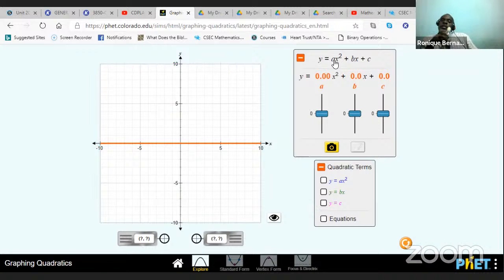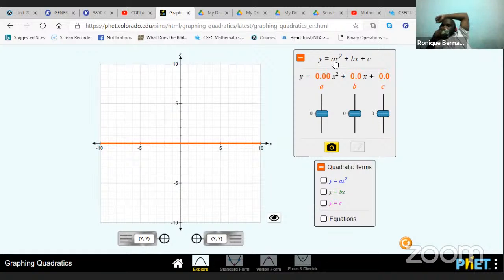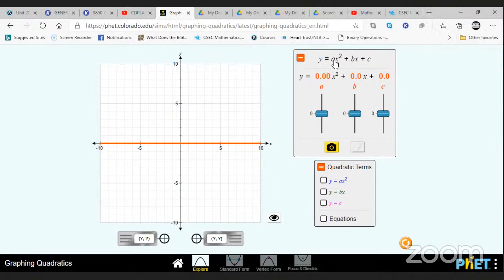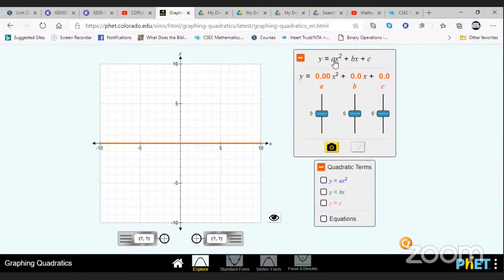I told you, the power of x gives it a degree. So what's the power of x? Sir, 2. So the degree is 2. For the second term, bx, what's the power of x right there? 1. For c, what's the power of x? 0.